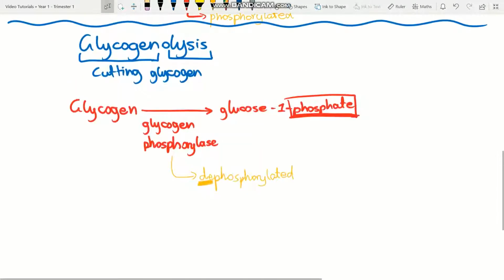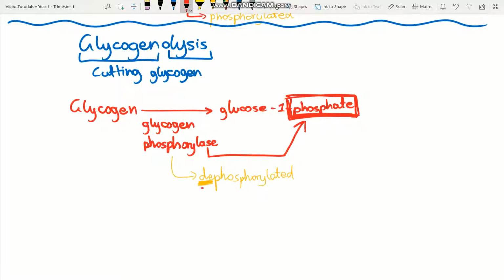However, in this case, because we want to donate a phosphate group to the glucose to make glucose 1-phosphate, this enzyme needs to be dephosphorylated in order to be activated. So if you think about it this way, it does make a little bit of sense. However, you can watch through this video multiple times in order for it to make more sense.